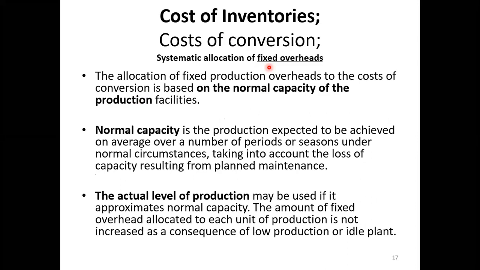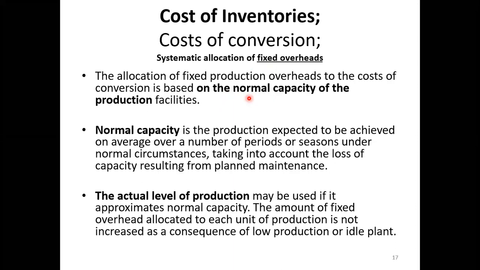You may study different types of costing methods, such as absorption costing, marginal costing, ABC costing. But here our focus is a different scenario. The allocation of fixed production overhead to the cost of conversion is based on normal capacity. So keep in mind, we have to consider normal capacity.